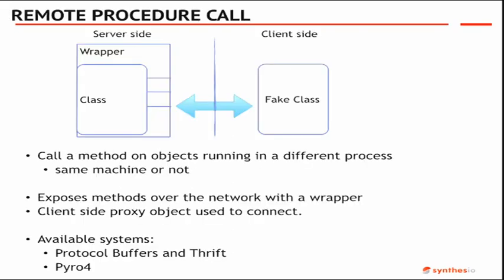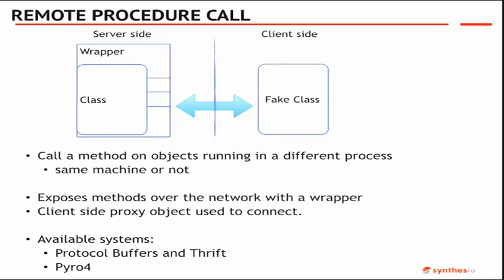Another idea is remote procedure call, or RPC. Just so that I have an idea, how many people know of this? Can you raise your arm? Okay, I would say like 20%. So, remote procedure call is something like you have your object in a machine, and you want to expose its methods to anybody.